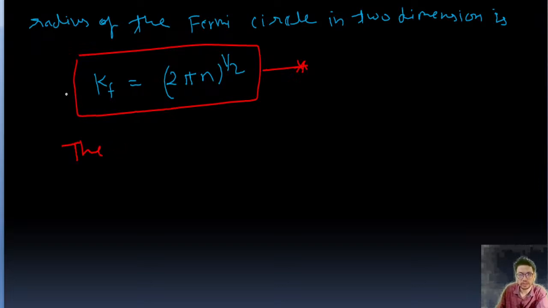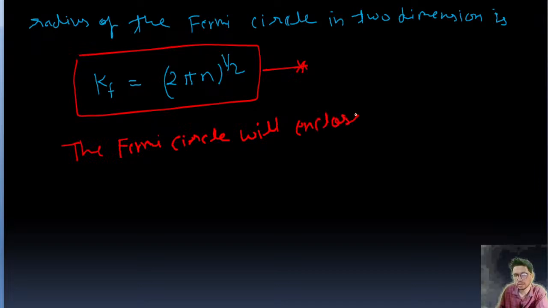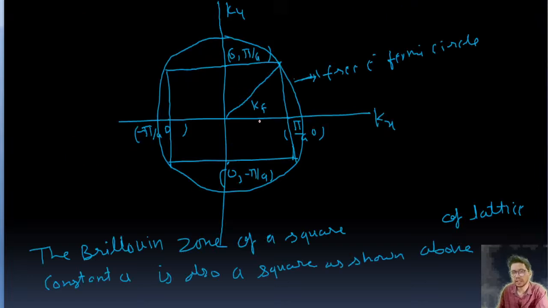The Fermi circle will enclose the first Brillouin zone, I can write in short BZ, completely.